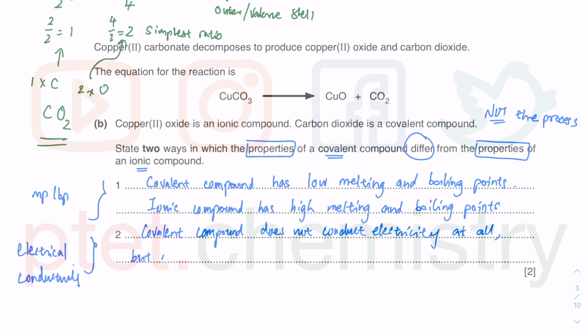But ionic compound conducts electricity only when liquid or aqueous. Aqueous means dissolved in water. Liquid means when you melt it to become liquid. So you have to talk about the two different properties. These are properties, and these are not the process itself. When you start talking about the process, straight away you get marked down to 0.